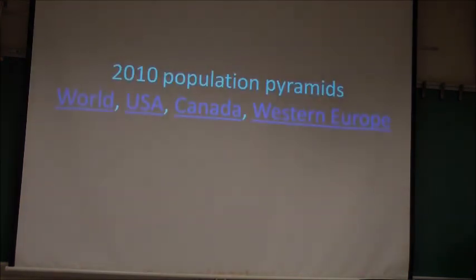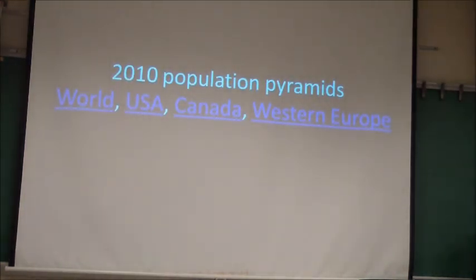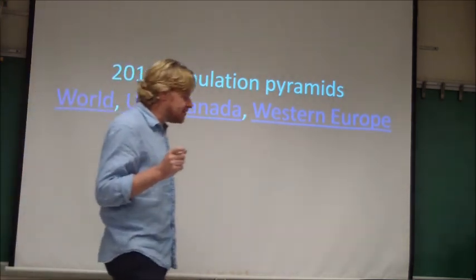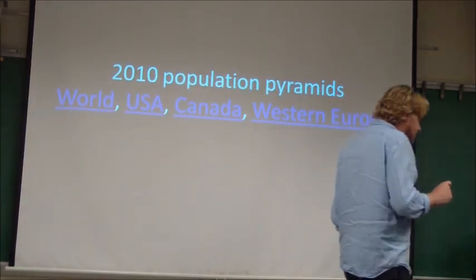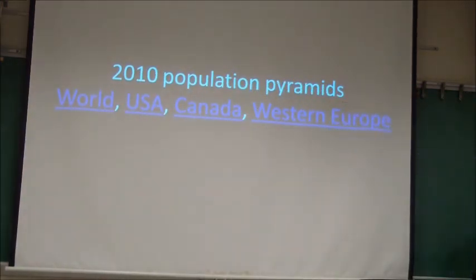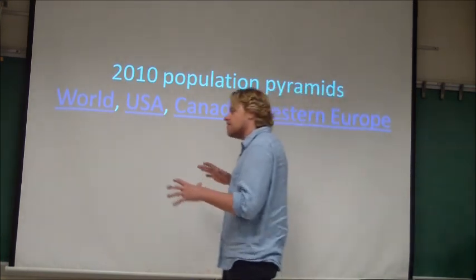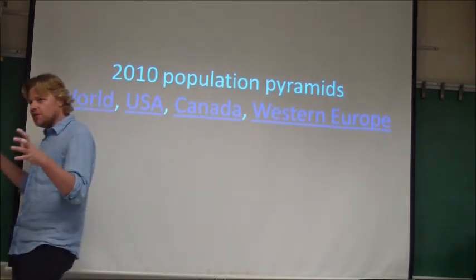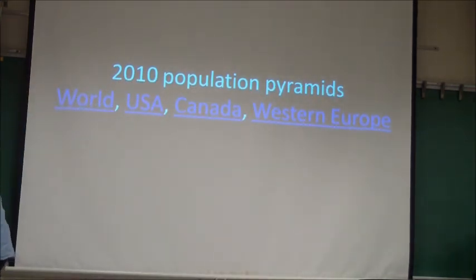Okay. Now let's look at population pyramids. Population pyramids are great ways to get a quick shot of what's happening as far as the structure of a population. The reason I'm doing this is starting at a bigger scale, and then we're going to zoom in throughout the semester and look at specific regions.